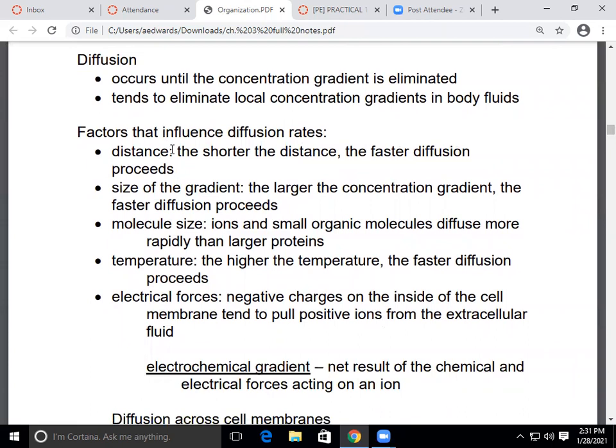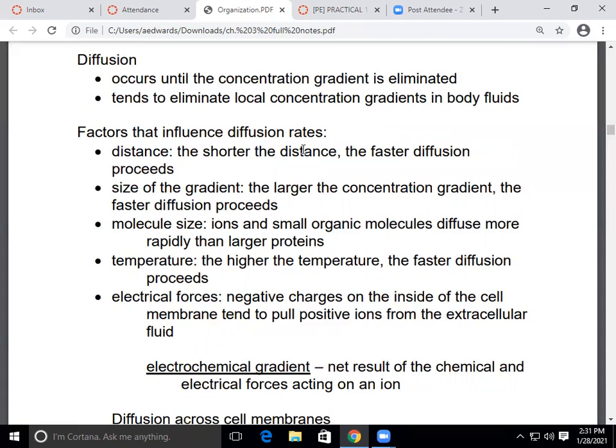Okay, so distance. If you have a shorter distance to get across, diffusion is going to be faster, right? If I say, okay, run from here to there, or run a mile, which one are you going to do faster? From here to there, right? Because it's a shorter distance.